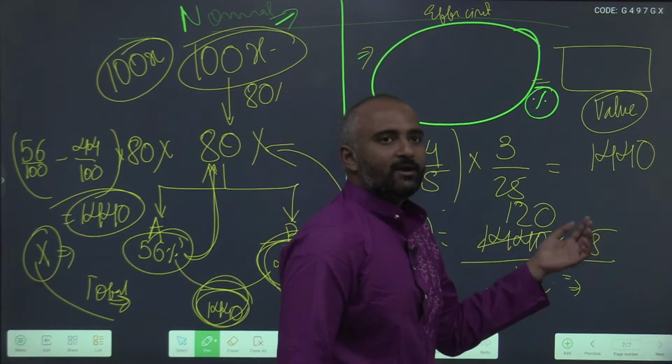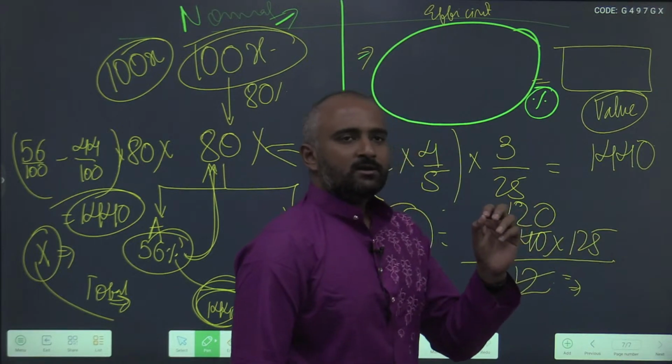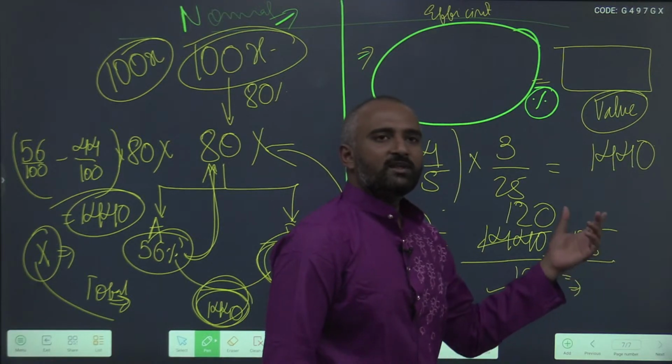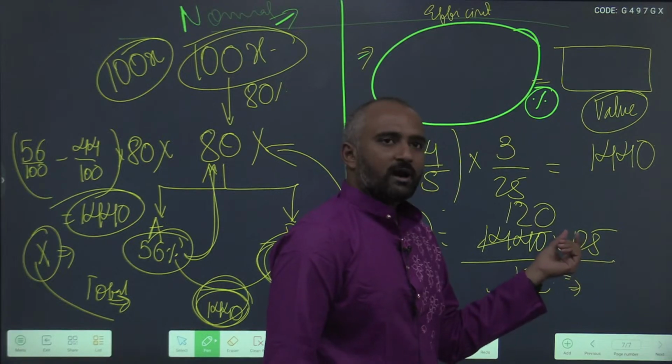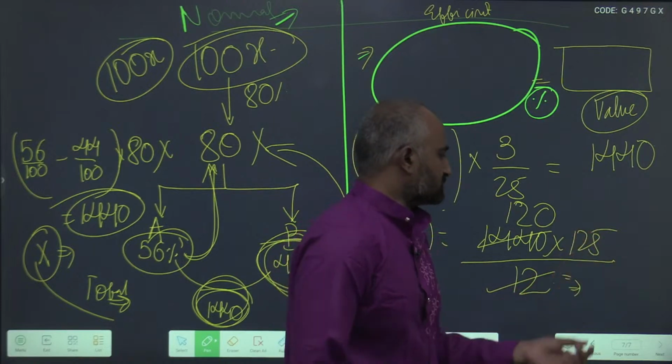Even here, you need not go on multiplying. Just do a small logic. 125 into 4: 4 hundreds, 400, 25 fours, 100. So it is 500.